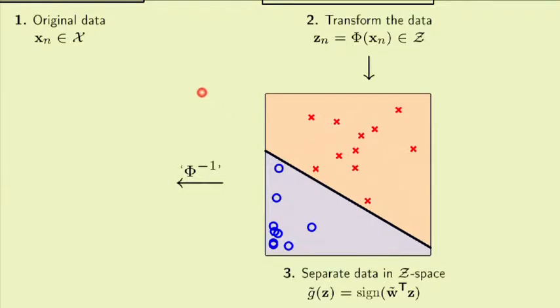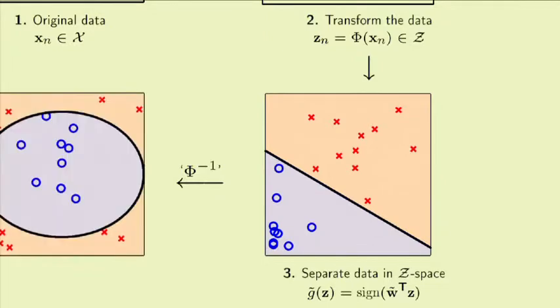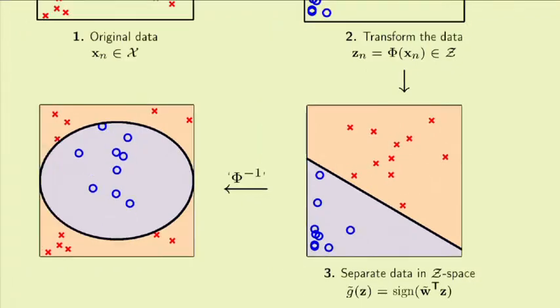And therefore, in spite of the fact that phi is a mapping, a function, phi minus 1, as we call it, is not. But when you apply this figuratively, what you are going to get is a separating surface in the X space that is not linear, and that was obtained by applying purely linear methods.